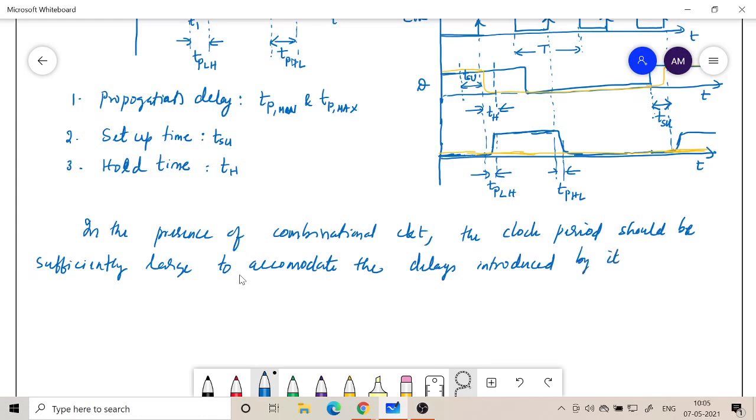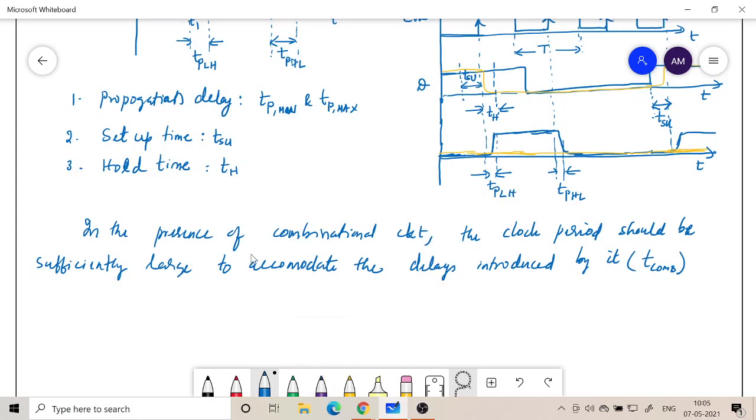Okay, so the delay introduced by the combinational circuit, let's say it is T comp. That is the delay introduced by the combinational circuit.